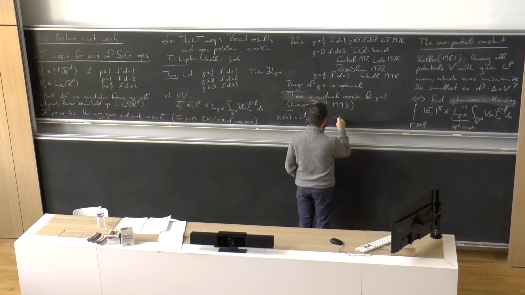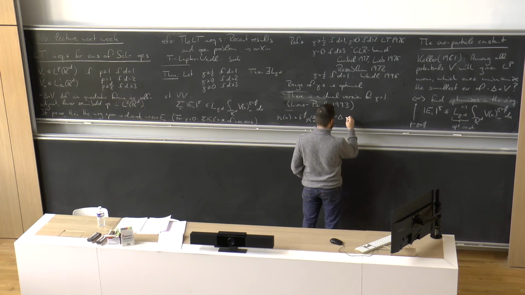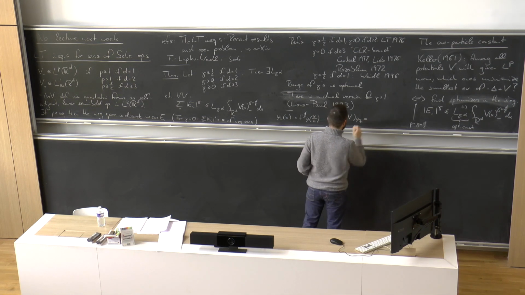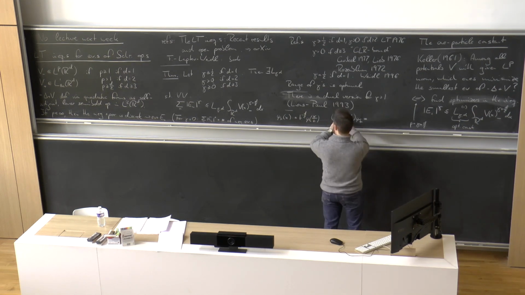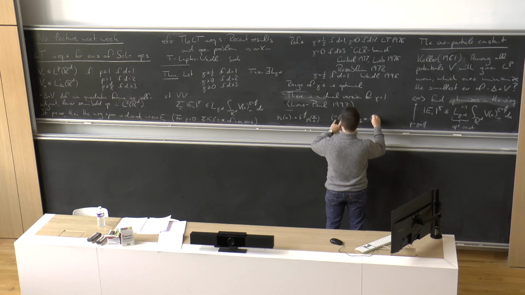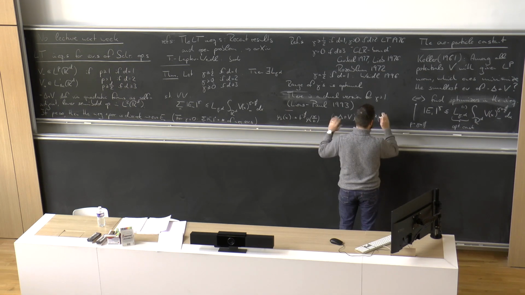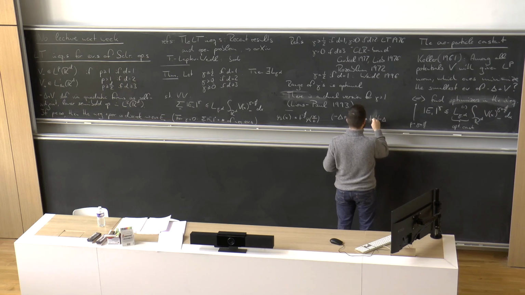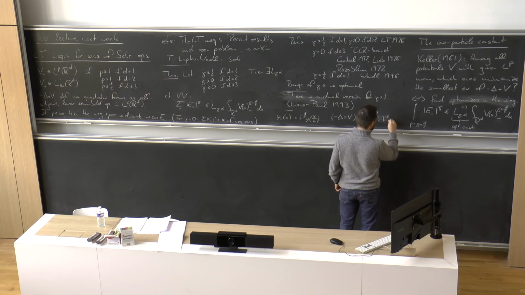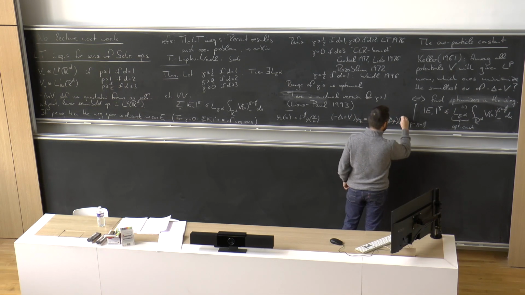Then I have minus Laplacian plus v applied to psi t, and now I differentiate here, I get a t to the minus 2 out. Let me do it like this. I write t to the minus d over 2 times minus t to the minus 2 Laplacian psi evaluated at x over t.